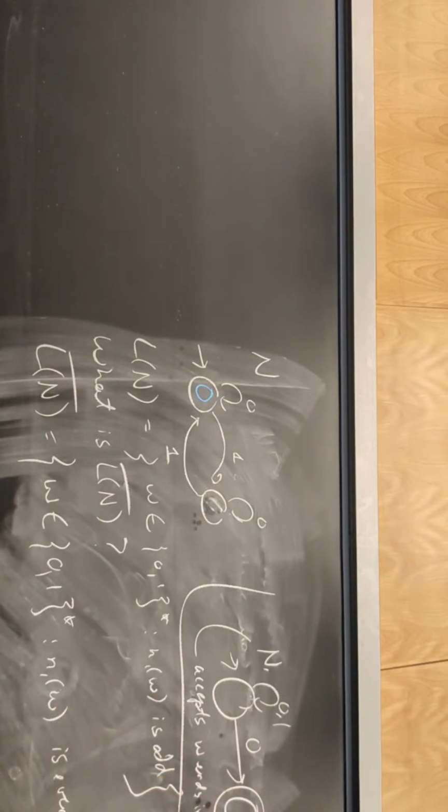Now what does this accept? Everything, very good. This has a start state, which is an accept state, and it has a self loop for all the possible letters in the alphabet. So if you give the NFA any string, it can just say, this is a great place to stay, and self loop all the time. Notice this is definitely not the complement, so be careful about that.